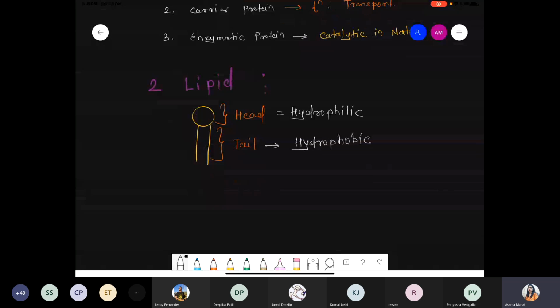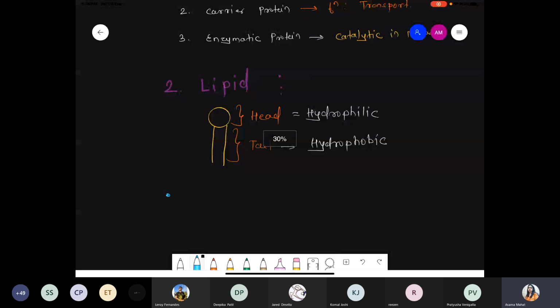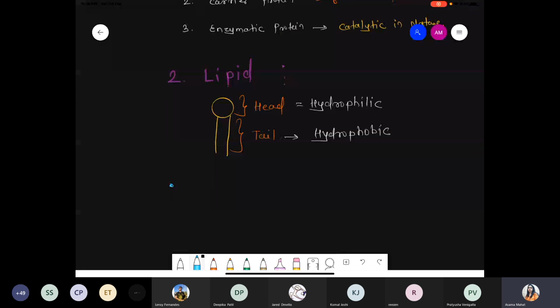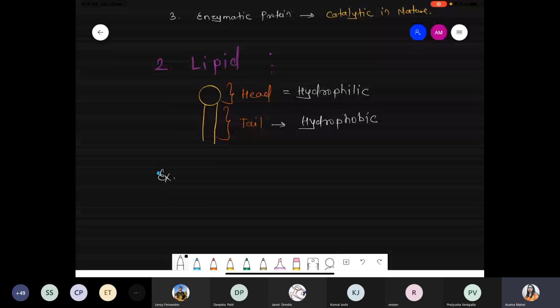In case of the lipid, you know very well, a few examples. There is the presence of the phospholipid also. That is lipid conjugated with the phosphate group, phospholipid.